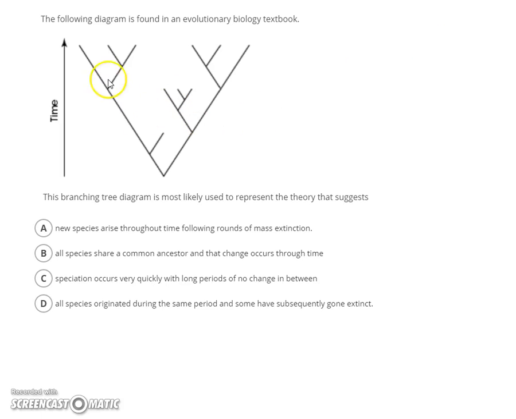Next up, another cladogram. This is found in a biology textbook. The branching diagram most likely used to represent the theory that suggests what? What theory are we talking about that fits this diagram and what it represents? And what we're looking at here is really this.